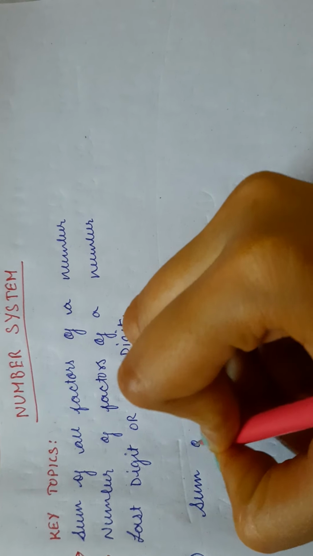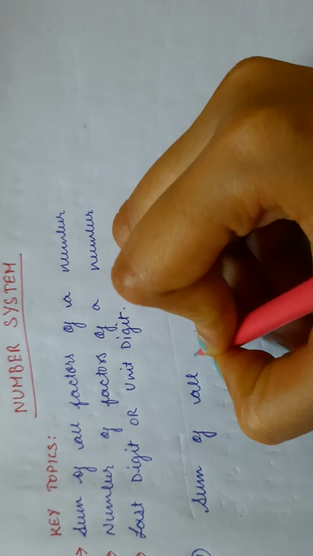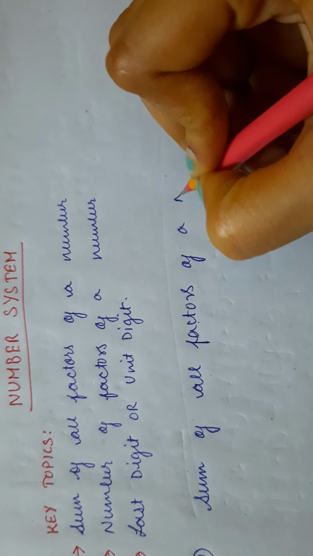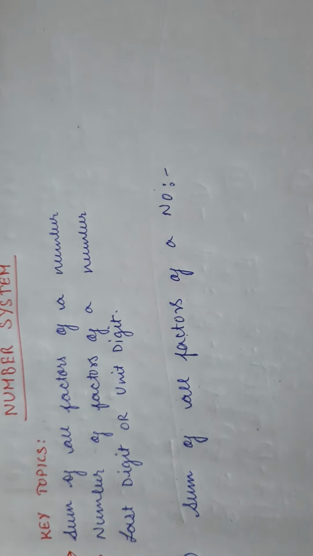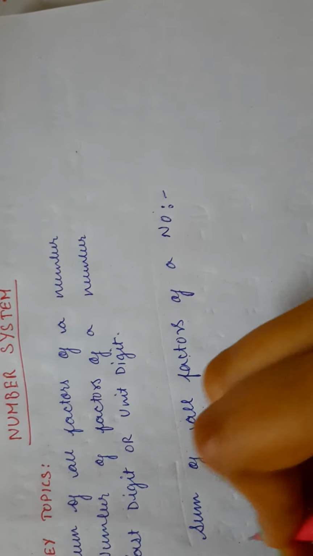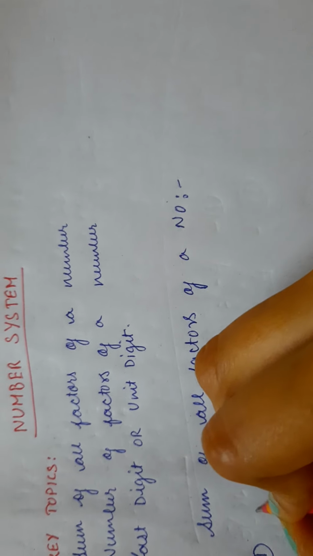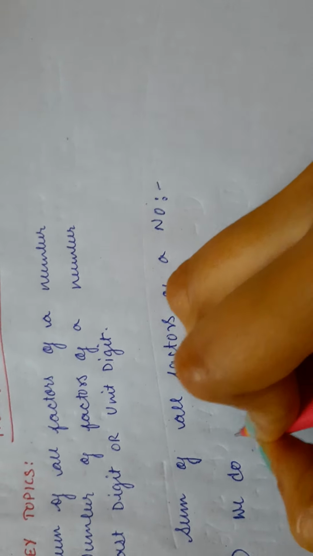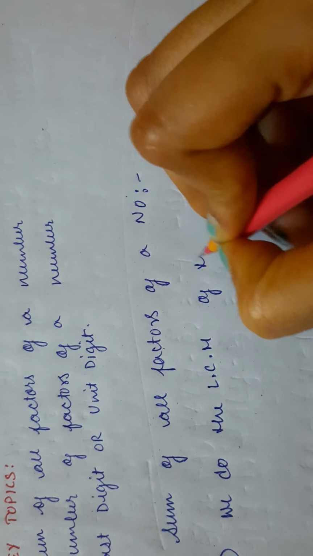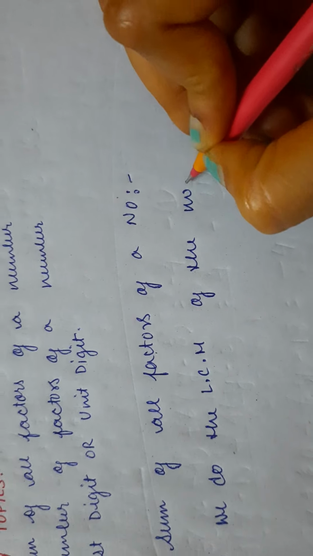Sum of all factors of a number. So what we will do is, first we will take a prime factor or do LCM, whatever you say, and get the numbers. So for example, first part is we do the LCM of the number given.